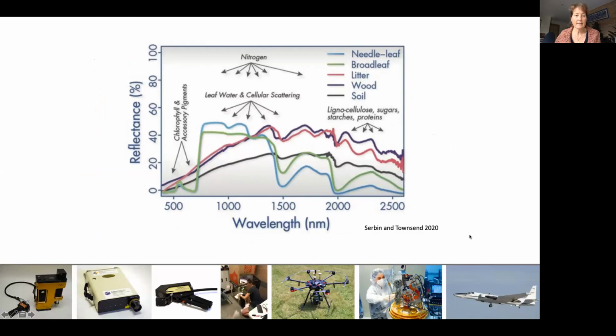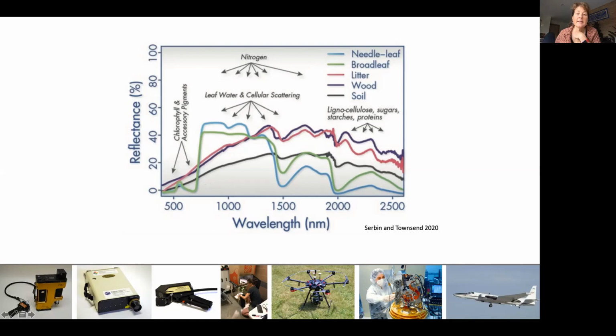What I'm talking about today is the reflectance spectrum of plants. And this is from a figure from Sean Serban and Phil Townsend, showing the typical plant spectra from different plant leaves or canopies. And maybe these are dried leaves that don't have water absorbing, or a soil in these darker colors. So here we have litter, wood, soil.